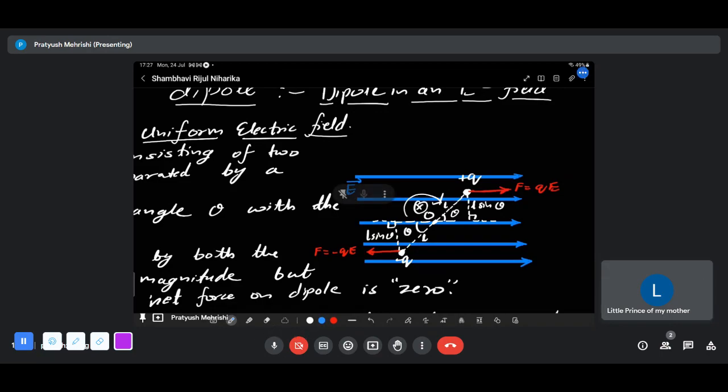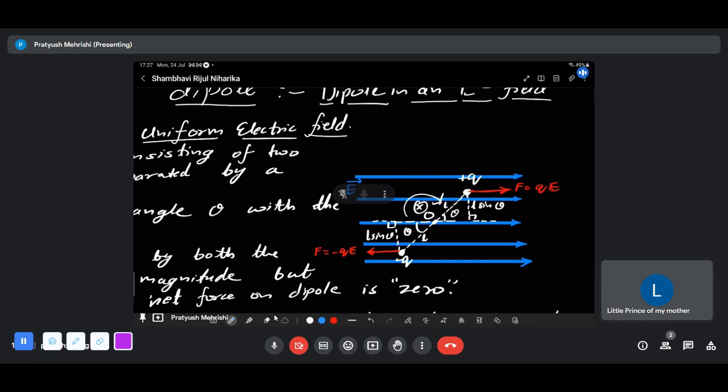Because of this, what will happen? A couple will be generated. A couple means equal and opposite forces which are not directed along the same line of action. The lines of action are two different lines now. Line of action means the line along which the force is being applied.